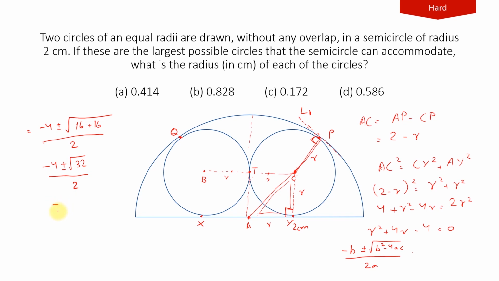Since we want a positive value, we will ignore the negative solution for this. We will have minus 4 plus 4 root 2, since under root 32 is equal to 4 root 2, divided by 2. So if you multiply 2 with 1.41, this comes out to be 0.828.